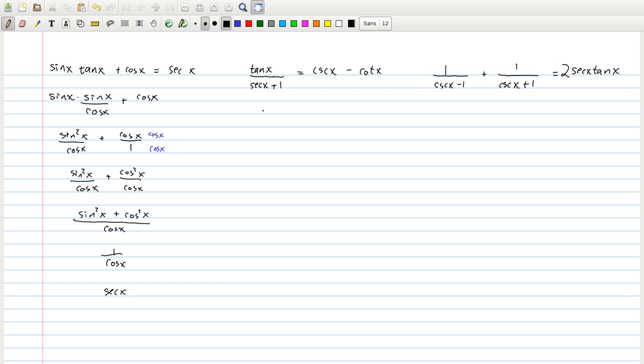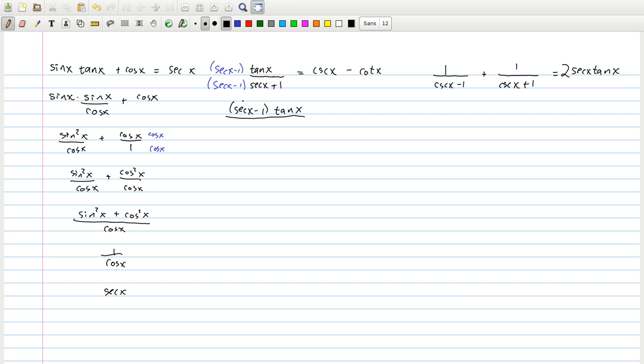For the second identity, tangent x over secant x plus 1 equals cosecant x minus cotangent x. I see that we have a secant x plus 1. I'm thinking we might want to use the Pythagorean conjugate. So we'll multiply the numerator and denominator by secant x minus 1. So in the numerator, we have secant x minus 1 times tangent x.